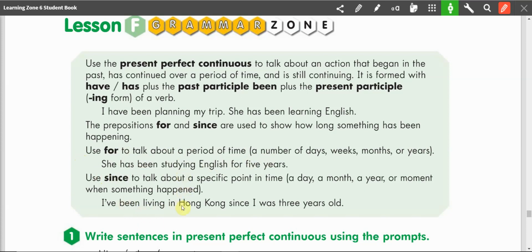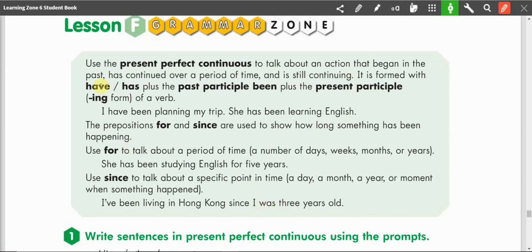So I have been living in Hong Kong since I was 3 years old. So since I was 3 years old means that when he or she was three is when she moved there. So we don't know exactly how long. We can't say for 10 years, for 15 years, because we don't know how old she is now or he is. So there you go.